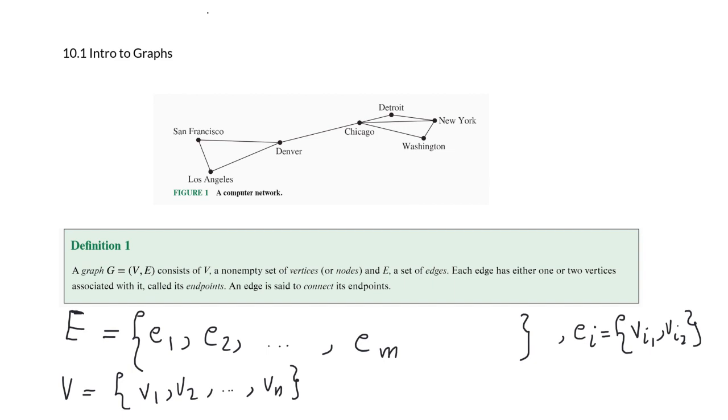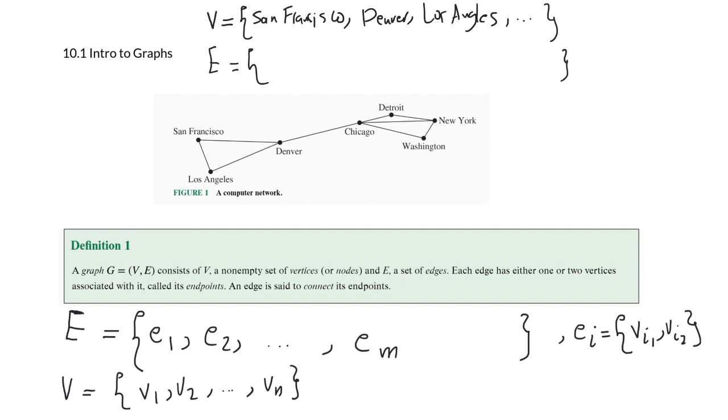The graph which is represented by the computer network here has a vertex set, these cities, etc. And the set of edges of the graph are just pairs of the communication links here, or the edges in this graph, which are sets.